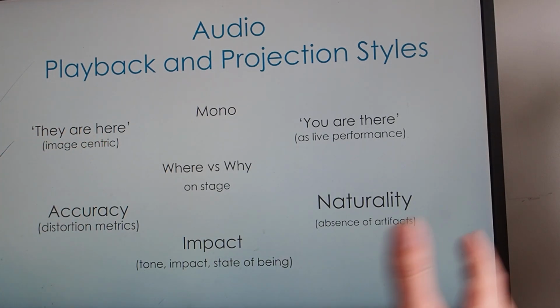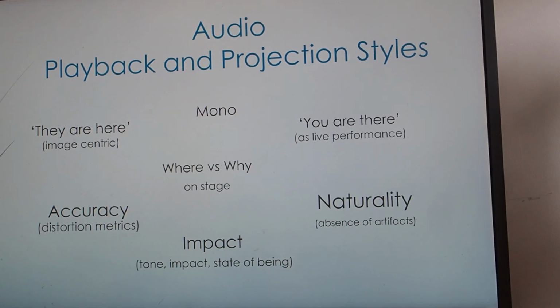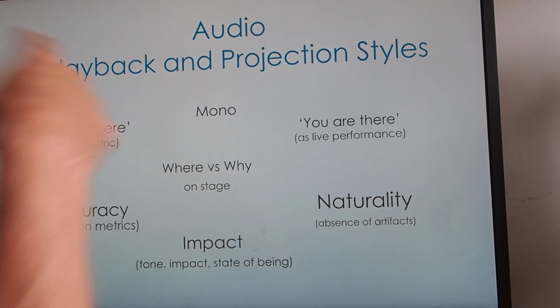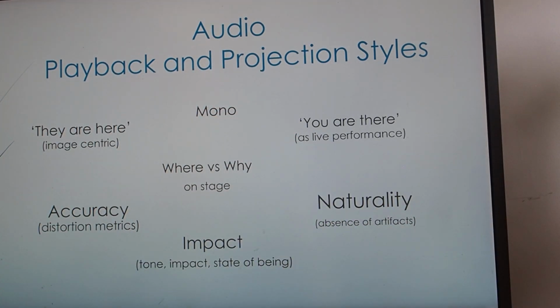So you see the image of these people being recreated. Janus from Real World Audio talks about the Muppet Show, the mini Muppet Show. You see the Muppets sitting there, and it's an image-centric way of putting the music to you, which doesn't exist live, but it exists with playback systems. So we're talking about playback styles. It's a playback style, it's valid. If you like it, go for it.